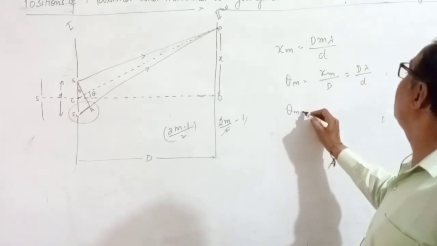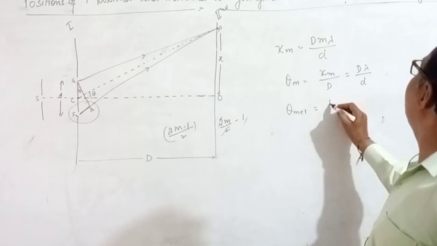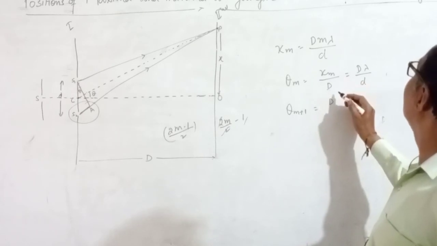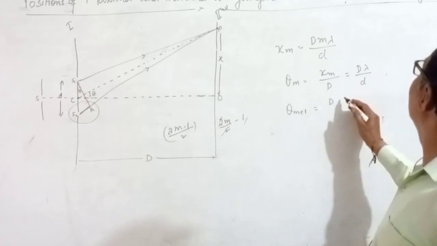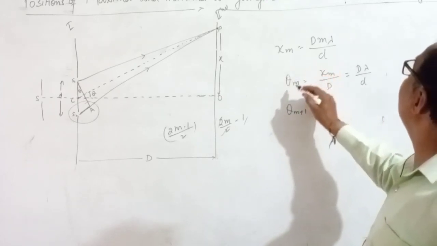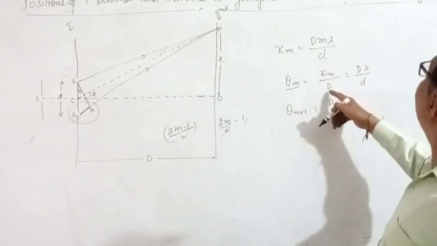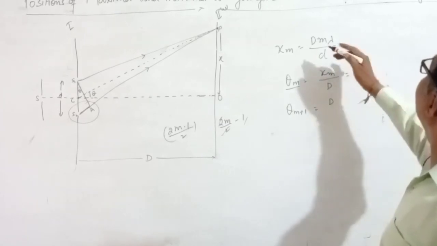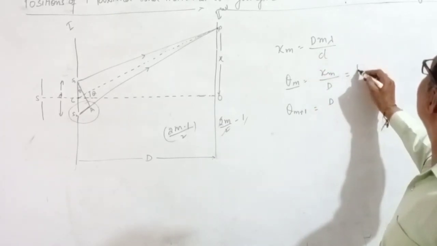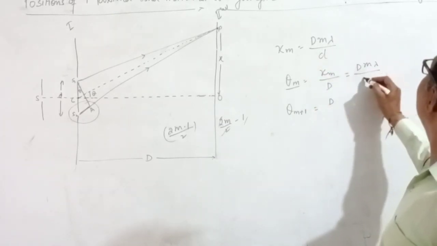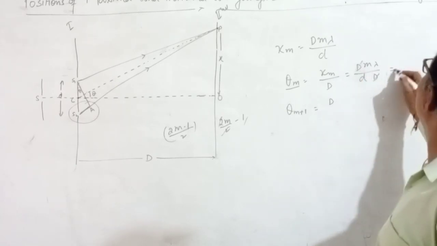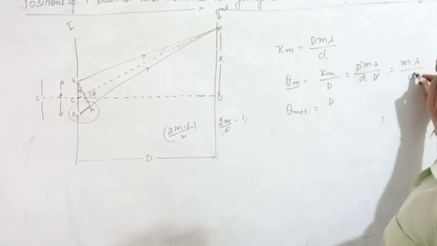Further, you take another fringe, theta m plus 1. What will you get? This is your theta m. x_m equals D m lambda upon d, divided by D. What will you get? m lambda upon small d.